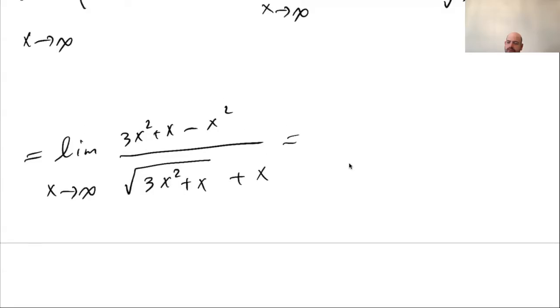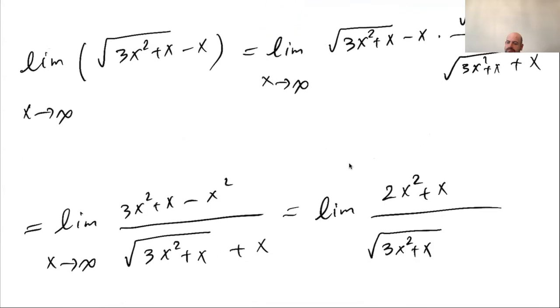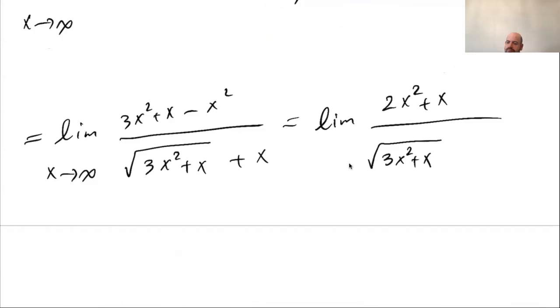Yeah. So then this is the limit of 2x squared plus x, divided by square root of 3x squared plus x, plus x, as x goes to infinity.